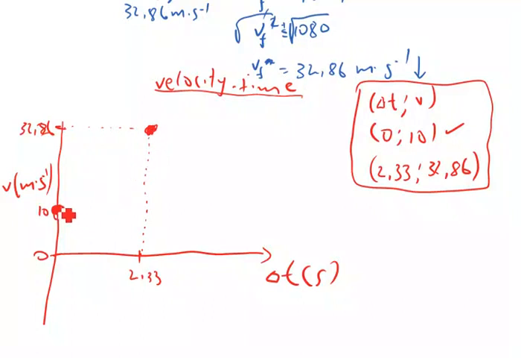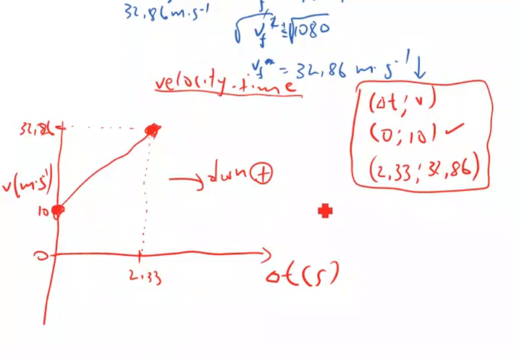Then you join, that is a linear function. Then we are done. Okay, that is the velocity-time graph. Now the velocity-time graph goes up, which means downwards was taken as positive, since it is increasing. But when the graph is decreasing, down was negative, up was positive, just like that. Okay, down now is positive.